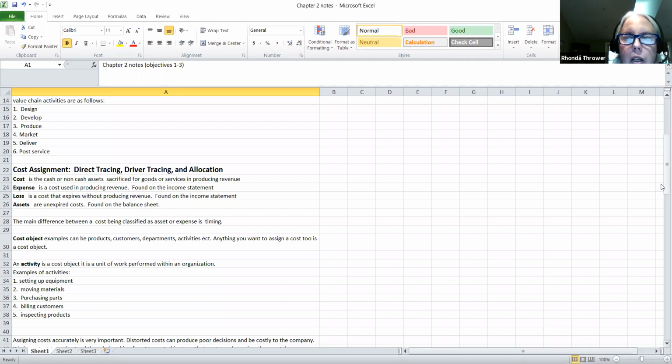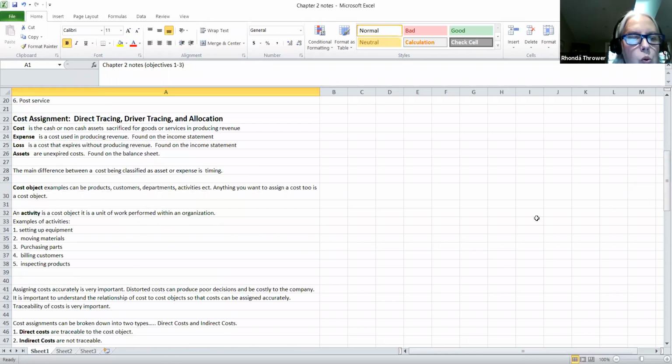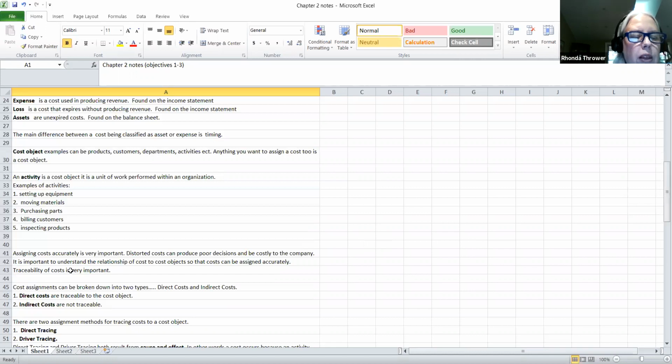We won't be doing it in this chapter 2, but we will be discussing it more in chapter 4. It's very important that we are able to assign costs accurately to our products or our activities, because if the costs are distorted, they can make management make poor decisions that can be costly to the company.